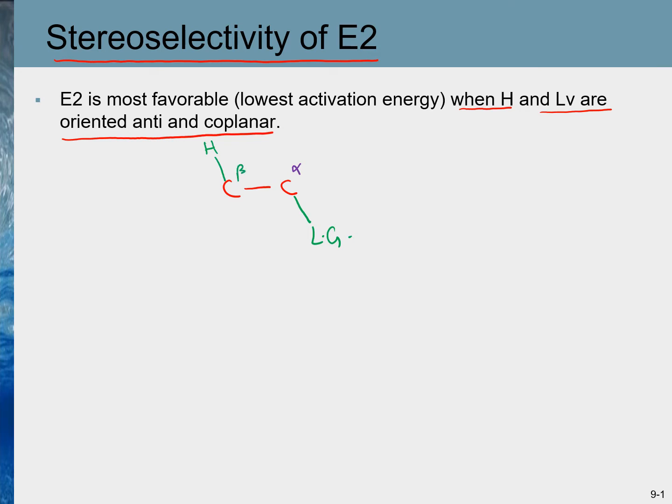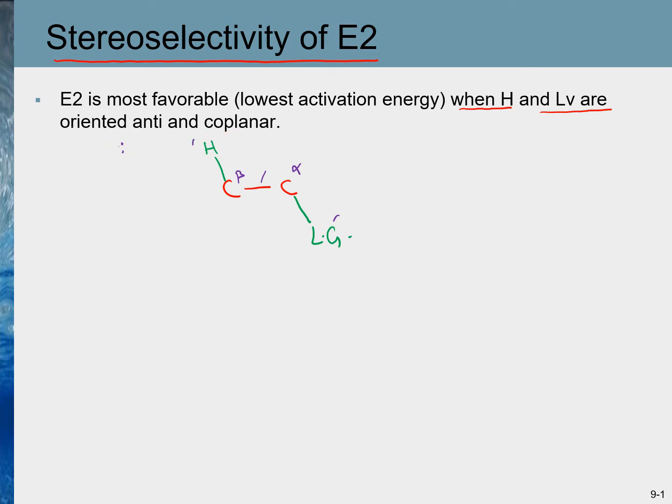So now I have a leaving group at alpha and hydrogen at beta. In E2, the base will attack this hydrogen, the bond will move here, and the leaving group will leave. So this will happen.